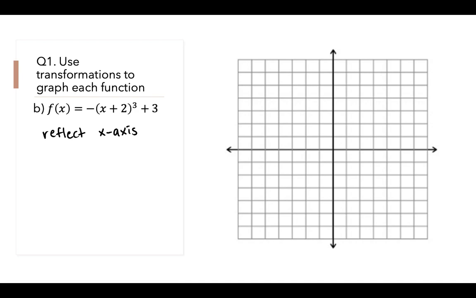Then we have the c value, which is positive 2. When you take it out of the bracket, it becomes -2, so that means it's a horizontal translation left 2. And finally, d is positive 3. It's a vertical translation up 3.